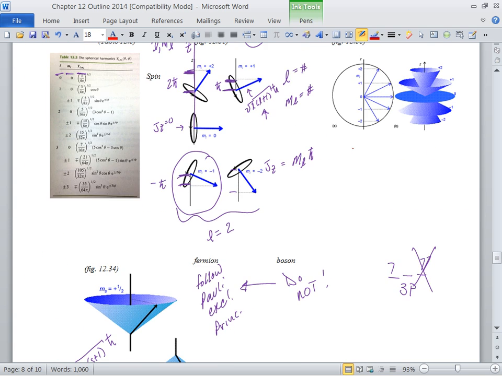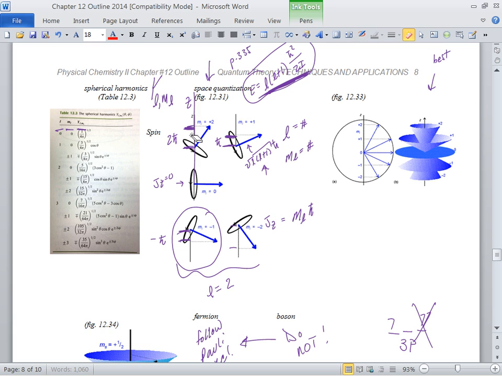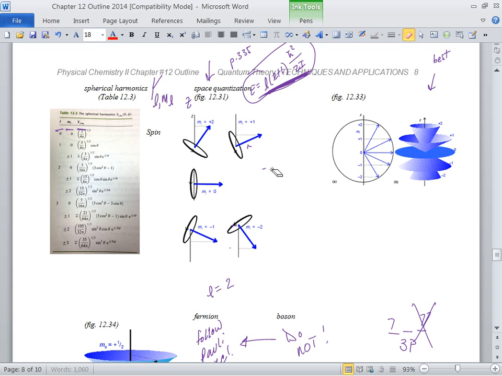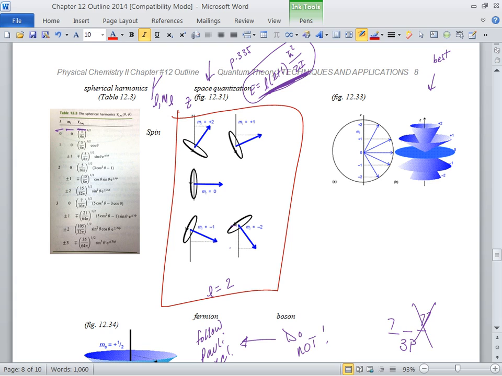What they are talking about is this stuff. When they say the magnitude of the angular momentum, what would I be referring to?